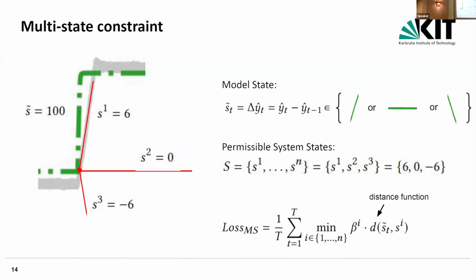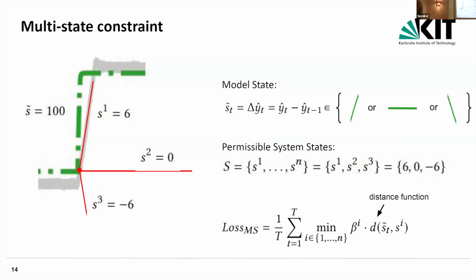So again, we use our minimum function as a selector during the training process. We compute three distances. The first distance is between 100 and 6, the second is between 100 and 0, and the third is between 100 and -6.